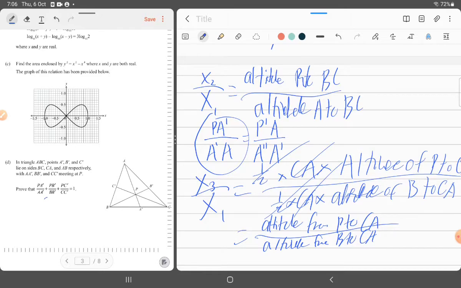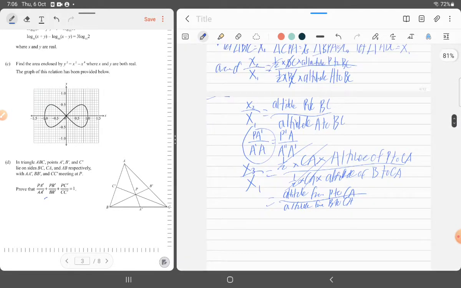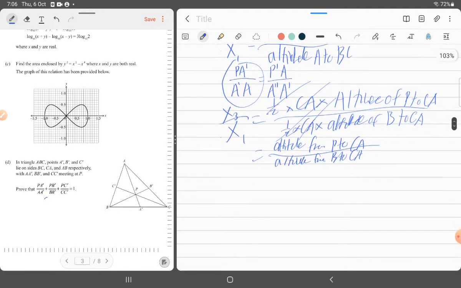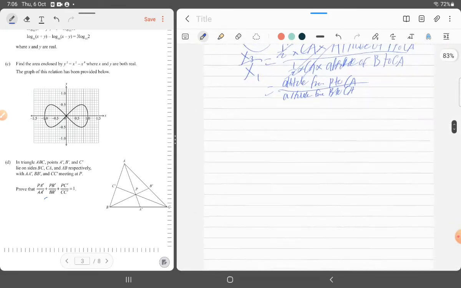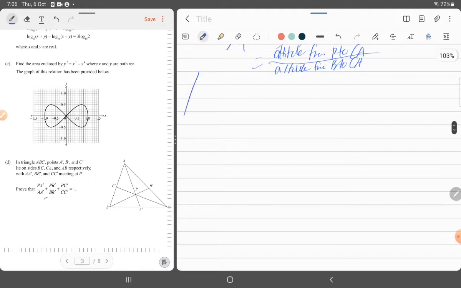Oh yeah, okay, so basically, can I redraw here somewhere?